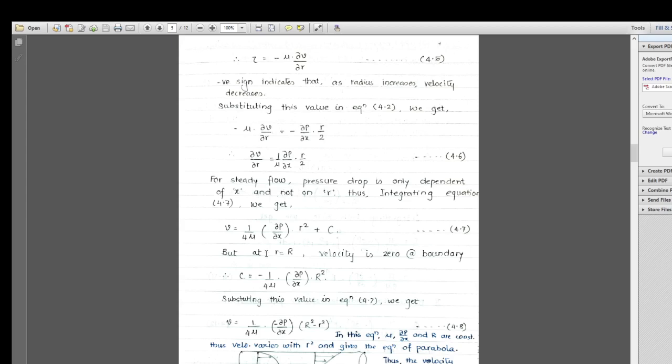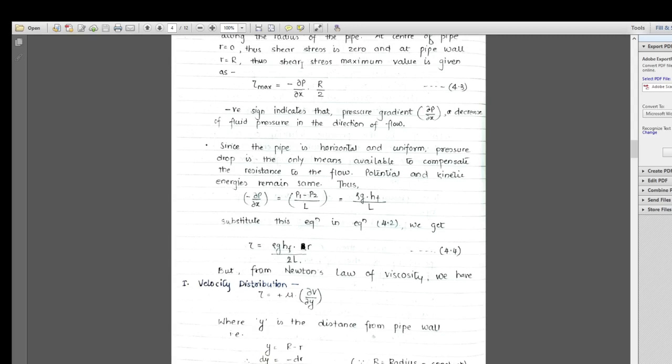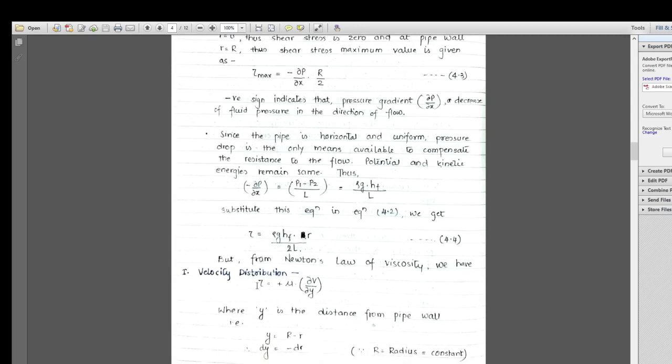For this, the equation of shear stress is tau is equal to minus mu into du by dr. To obtain the velocity distribution across the section, the value of shear stress, tau is equal to plus mu into dou v by dou y, is used, where y is the distance from the pipe wall, that is y is equal to capital R minus small r.